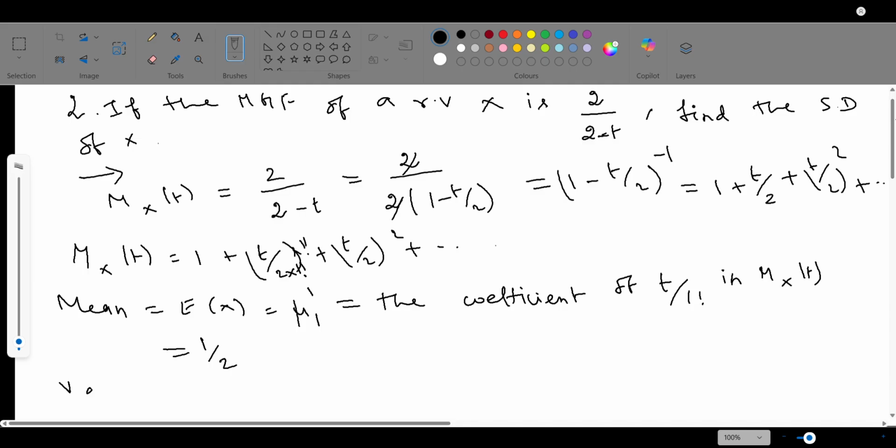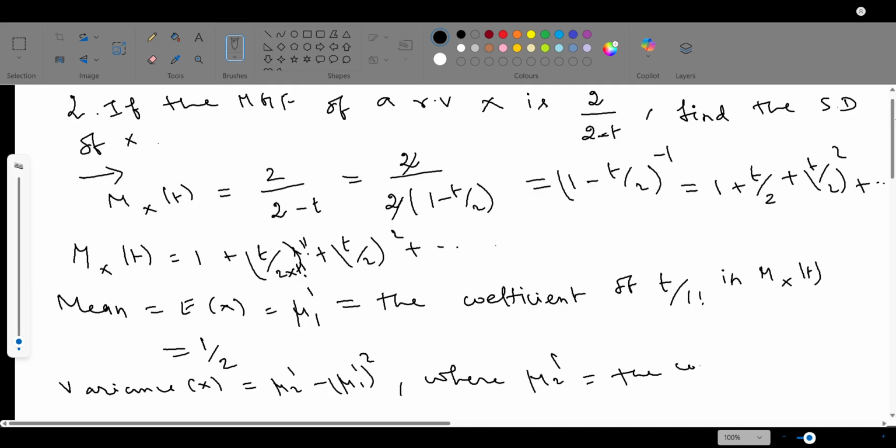And the variance of x is mu 2 dash minus mu 1 dash the whole squared, where mu 2 dash is equal to the coefficient of t squared by 2 factorial in M x of t. t squared is here, 2 factorial we need.